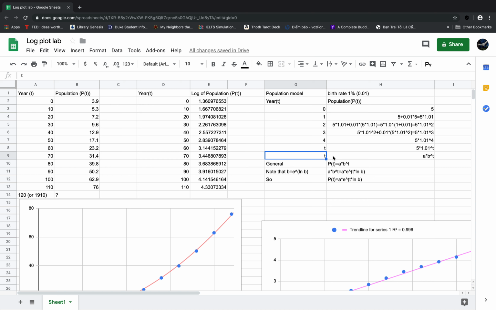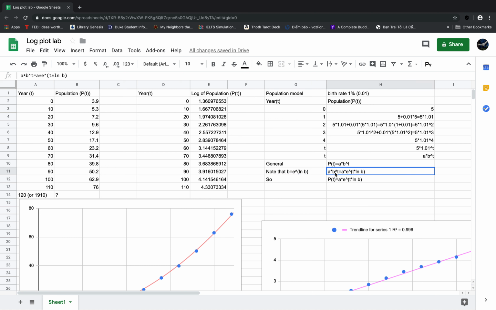So first, in general, we have the form a multiplied by b to the t, where a is 5 in this case, right? And b is 1.01, and t is year. Now that's a general population model, population of the city. Now we can change it into e to the something by noting that b is actually e to the ln of b, or e to the log b.